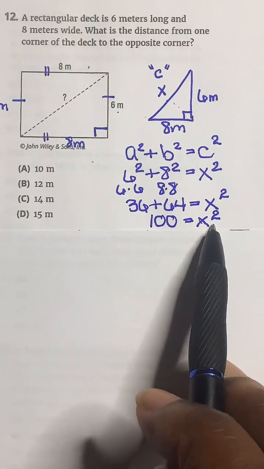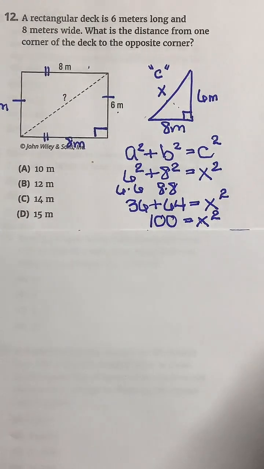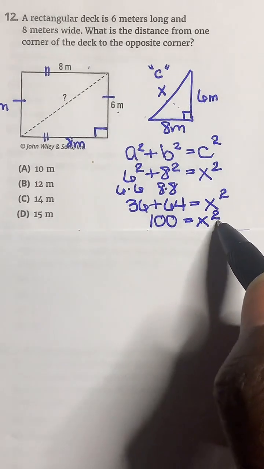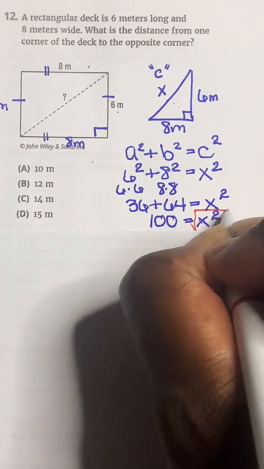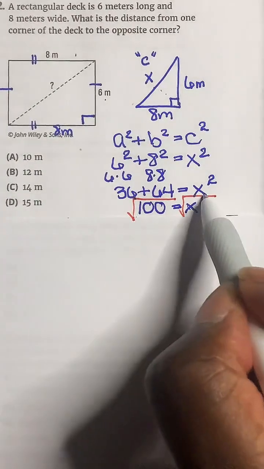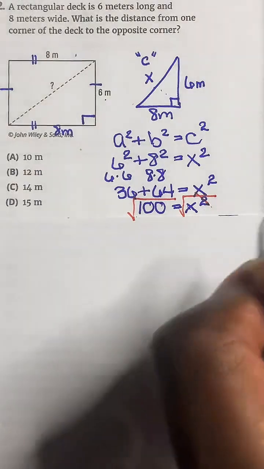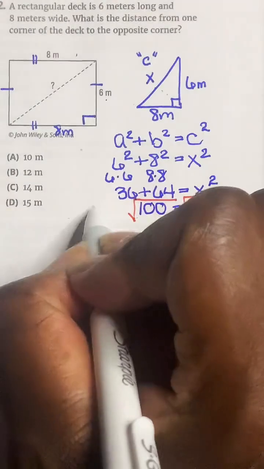We don't want to know what x squared is, we want to know what x is. So the inverse of a square is a square root. Squares and square roots are opposites of each other. So what's left is going to be my x.